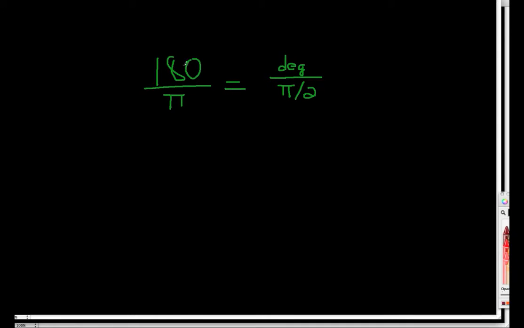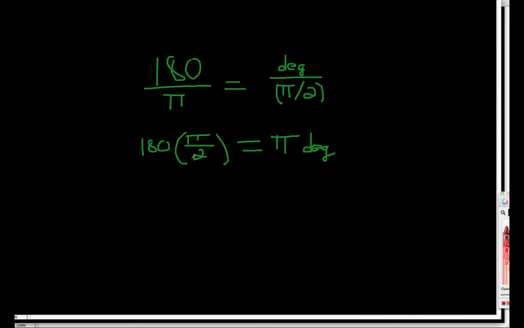So here's what my equation will look like. Again, what I do is I cross multiply. I take 180 times this, which is pi over 2, and that's equal to degrees times pi. So I'm cross multiplying this way. I say 180 times pi over 2 is equal to pi times the angle in degrees.